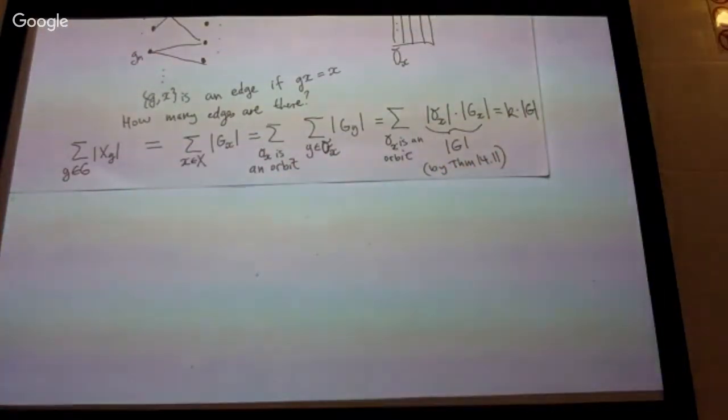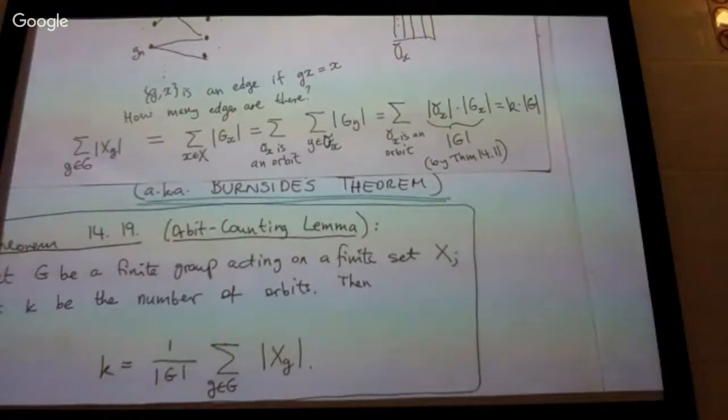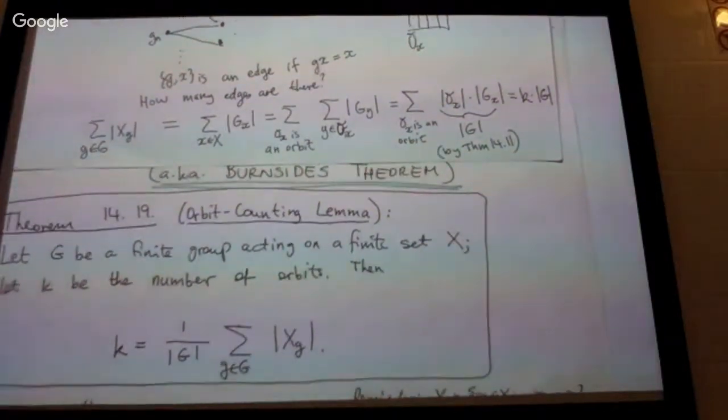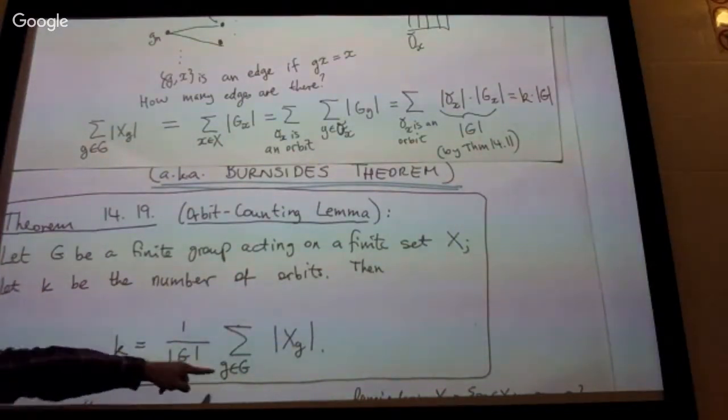And now I think I should bring back theorem 14.19. It's starting to be a long chapter. The orbit count. Look at this. So this is what we're trying to prove. K is the number of orbits, and this is promising that K is 1 over the order of G times the sum.